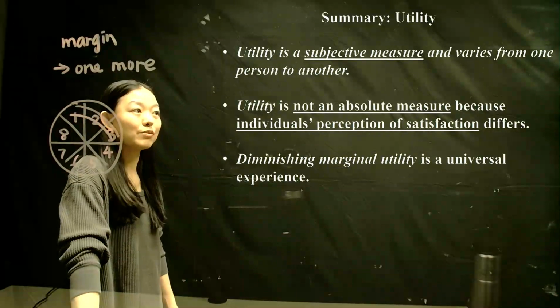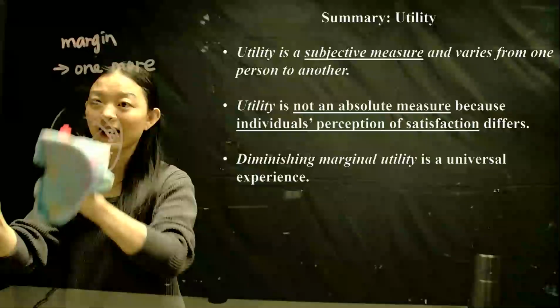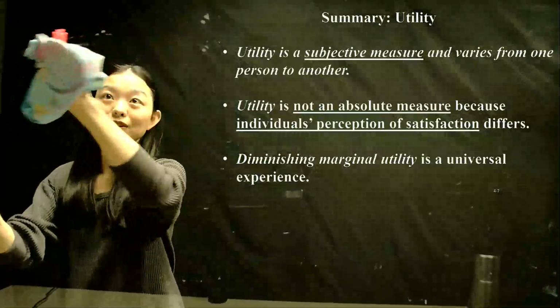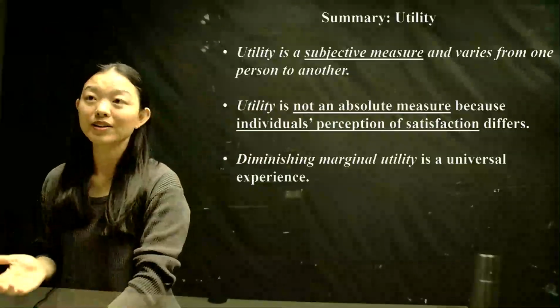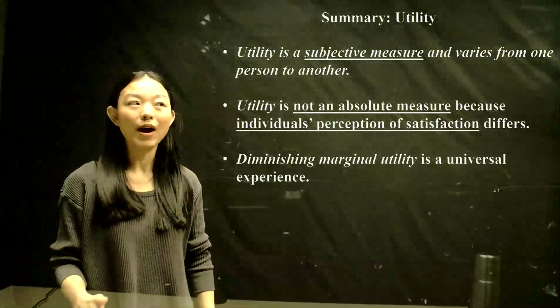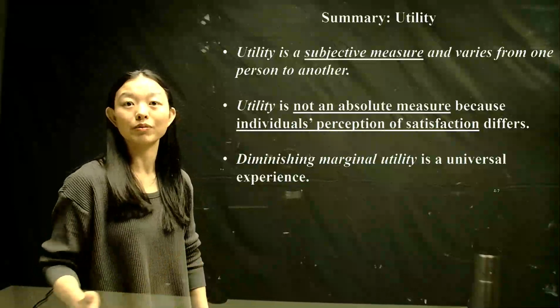Diminishing marginal utility is a universal experience. Even though everyone has their own preferences and their own perception of satisfaction, the law of diminishing utility is universal.